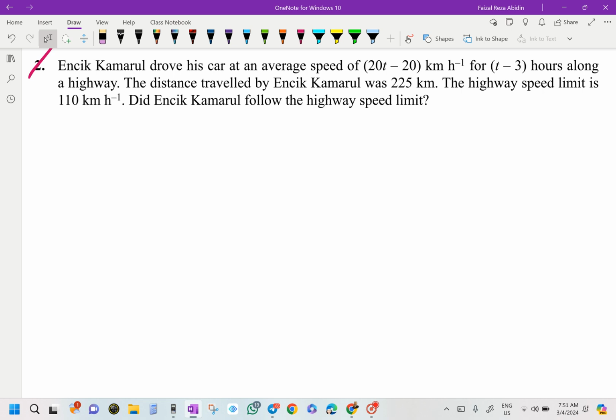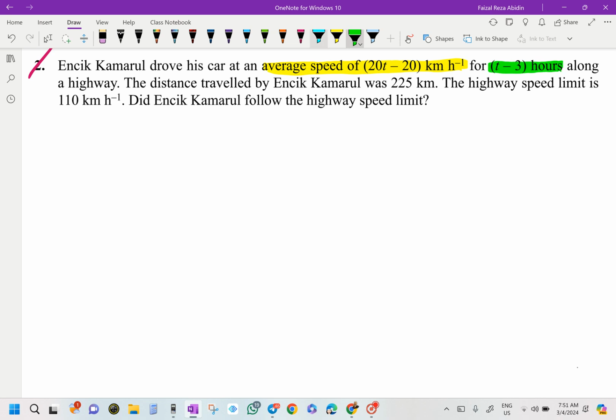No. How do you know? What's given in our question there? That's not our speed, right? That's average speed over here. Average speed is given already, and time, hours.